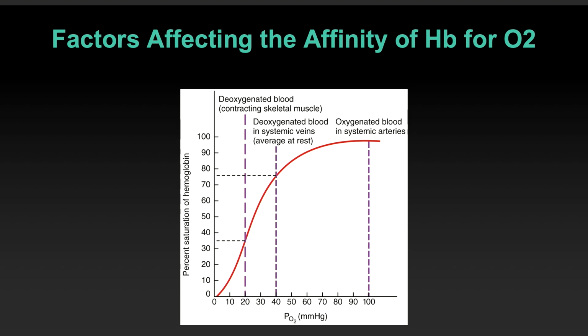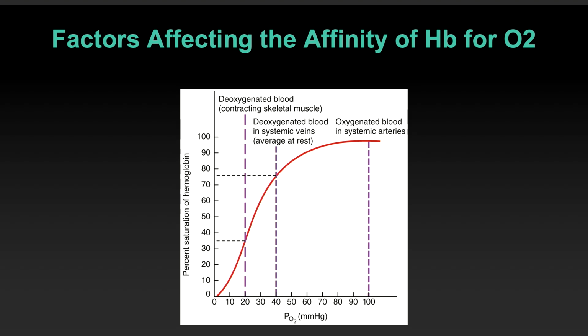As PO2 went up, saturation went up. Normally when we see these kinds of proportional changes, we're used to one linear line that describes the relationship. This is obviously not linear. And I'm going to wait on telling you why that is. It has to do with just a natural characteristic of hemoglobin. We'll talk about that in a second.